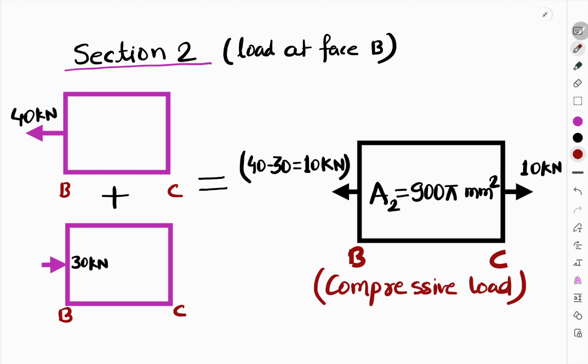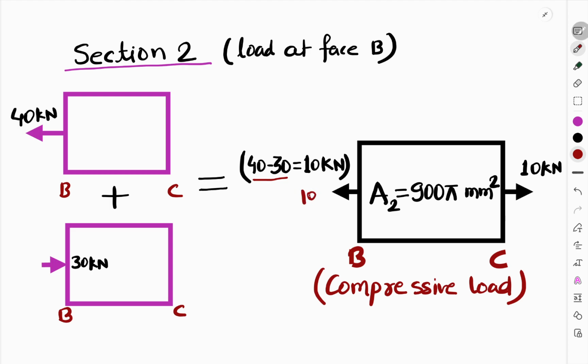Again we are going to sum up these two forces. One is tensile 40 kilonewton and the second is compressive 30 kilonewton, which means tensile will be positive and compressive will be negative. So the net force will be 10 kilonewton, which will be positive. So this positive force will be 10 kilonewton.